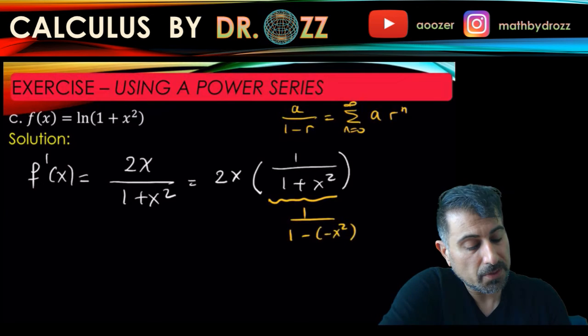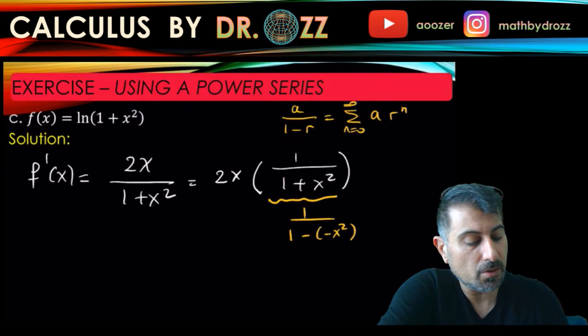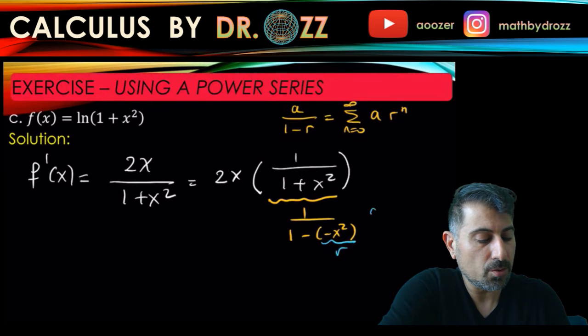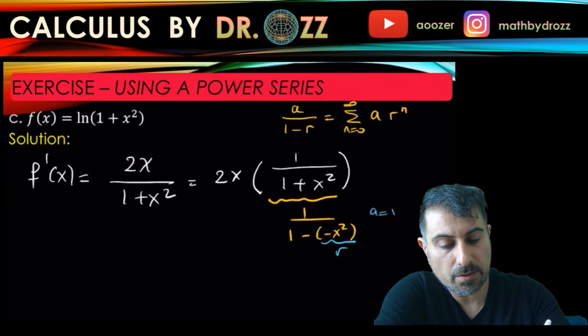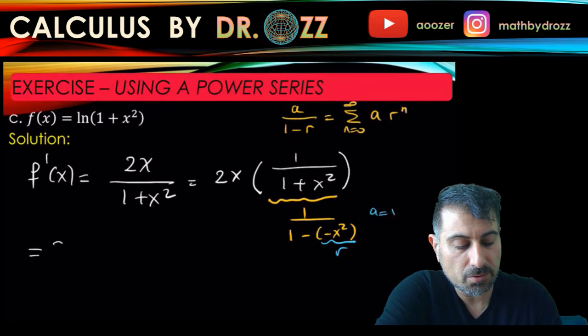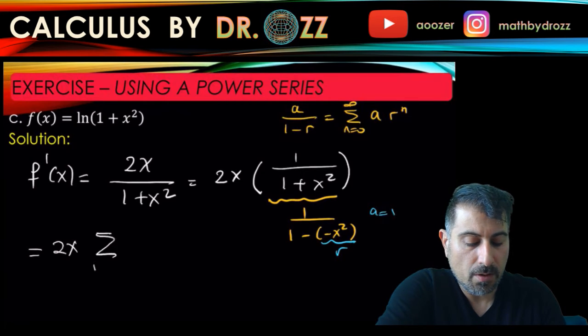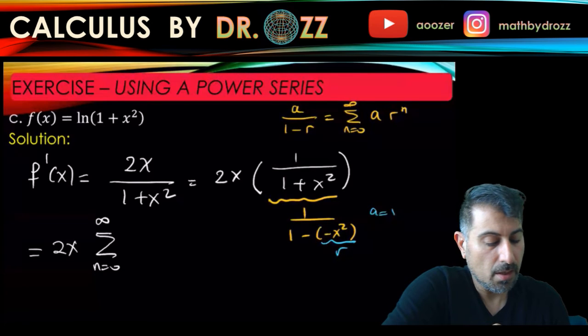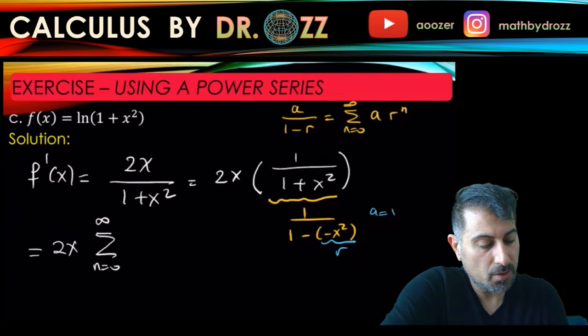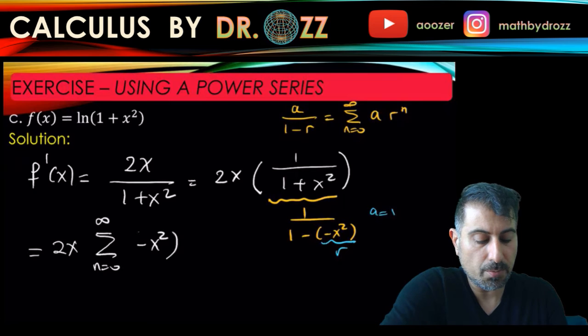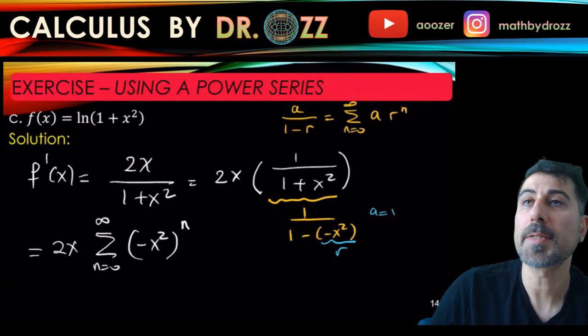So this becomes r, and a equals 1. So I can go ahead and rewrite this as 2x times the series, where a is 1 and r is negative x squared, to the power of n.